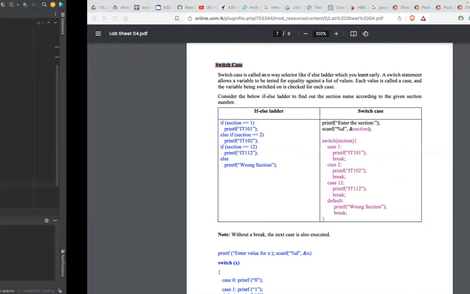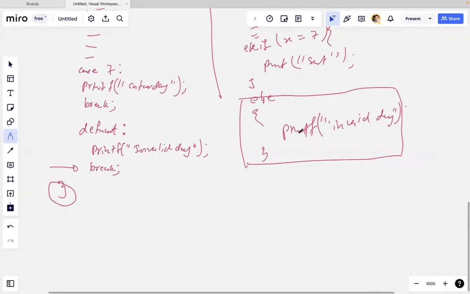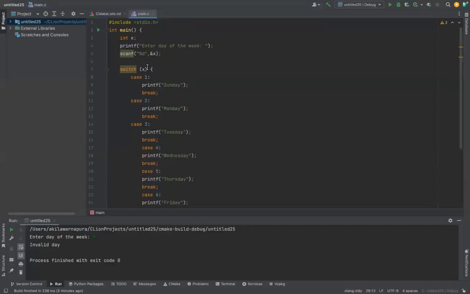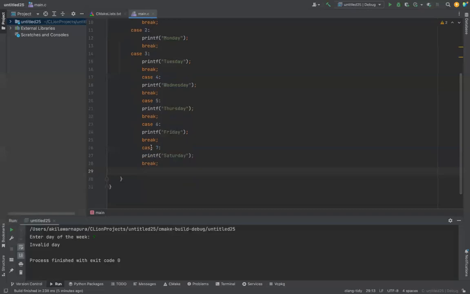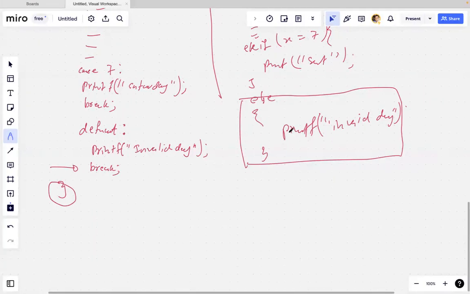And the last one is this else part. That means whatever the x variable does not equal to any of the cases given here, in such a situation you can provide the printf invalid day.